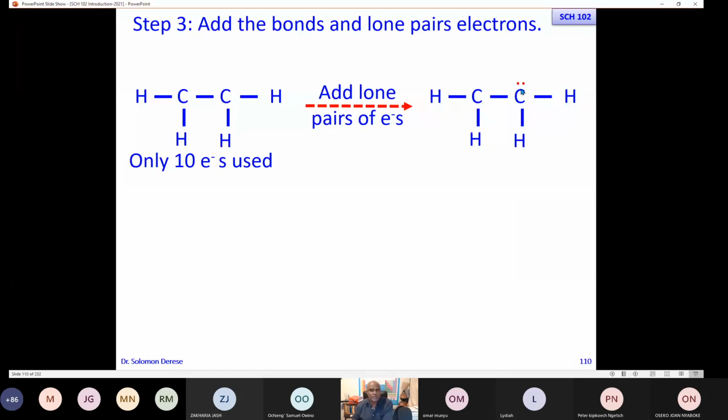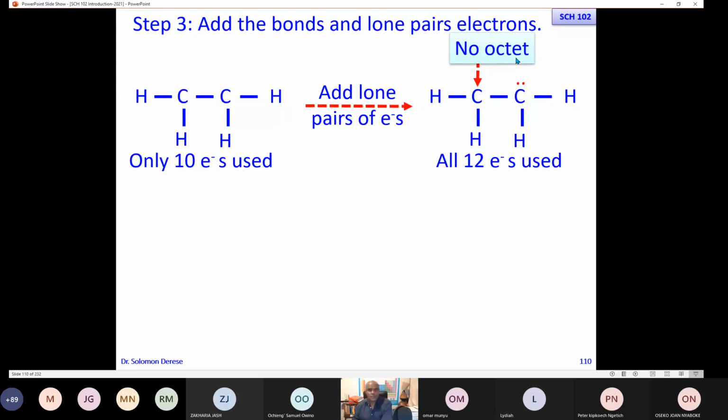So we decided to put it here. Now, this carbon has got 2 from the lone pair, so 1, 2, 3, 4, 5, 6, 7, 8 electrons. However, this carbon has only 1, 2, 3, 4, 5, 6 electrons. It does not have an octet of electrons. We have used all the 12 electrons, but we have a situation where one of the atoms, in this case this carbon, does not have an octet of electrons.